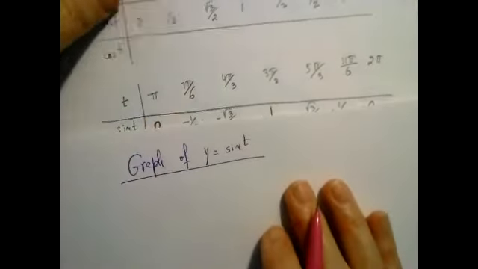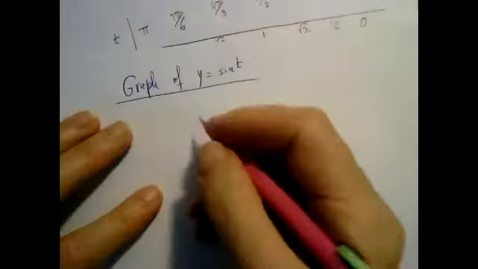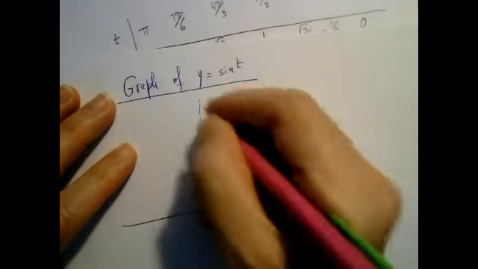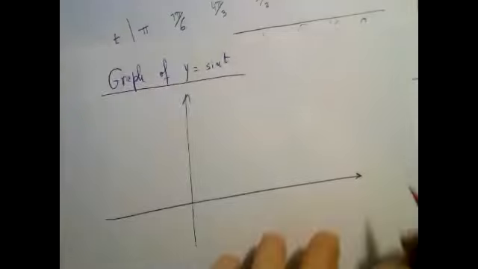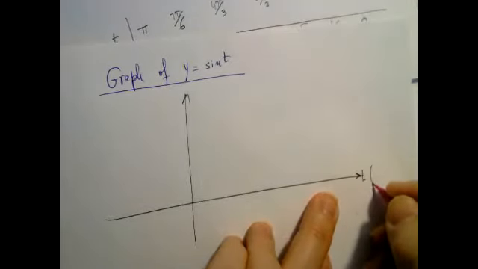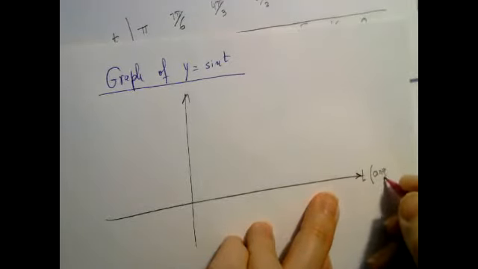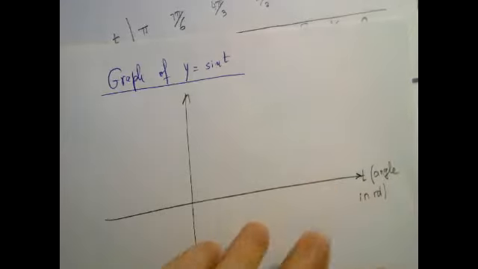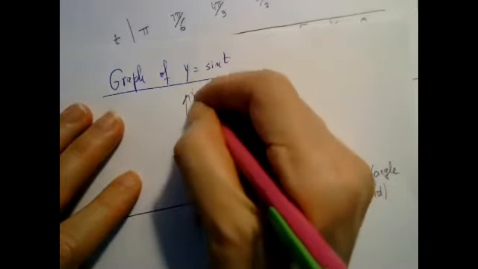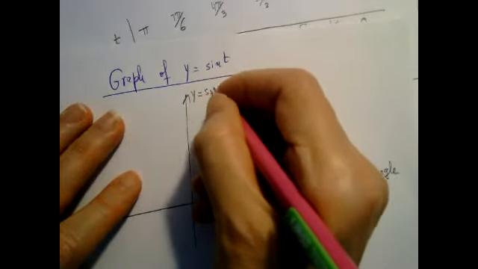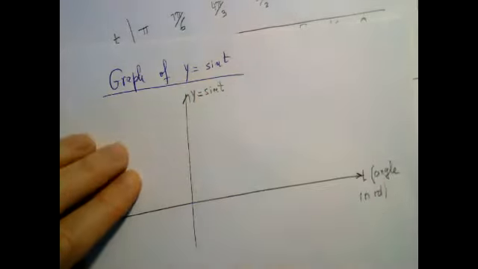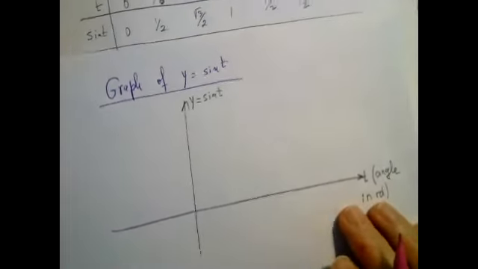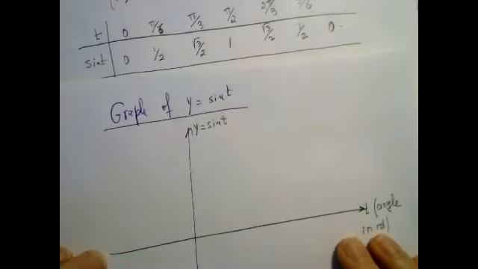It means we're going to do the following. We're going to take a graph. On the horizontal, I'm going to put the value of the angle, so the angle in radians. And here, the values of the sine of this angle. And you're going to sketch the graph verbatim by pulling off those values we have.